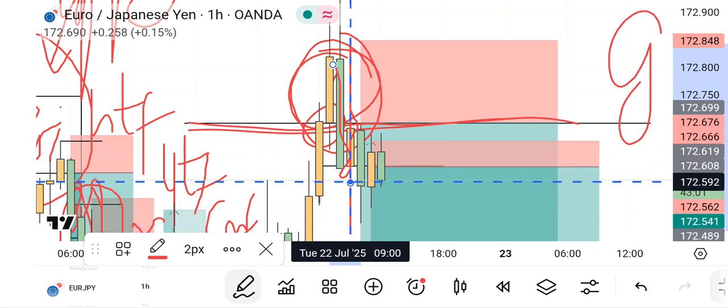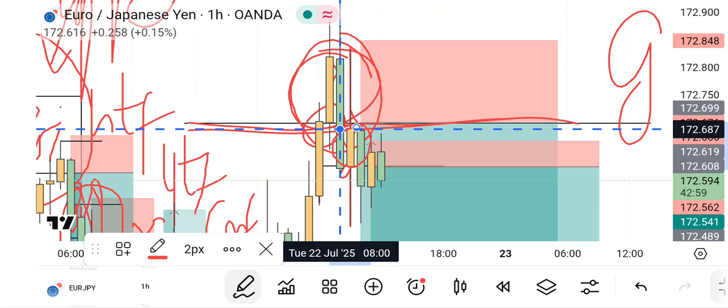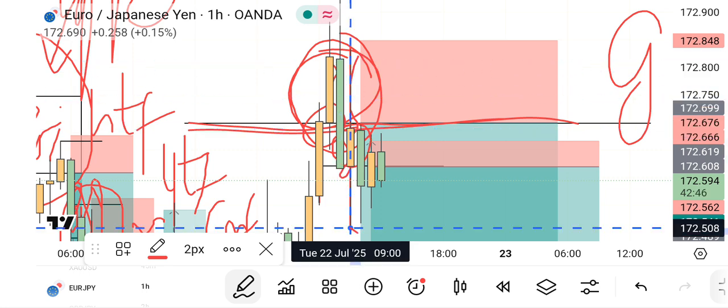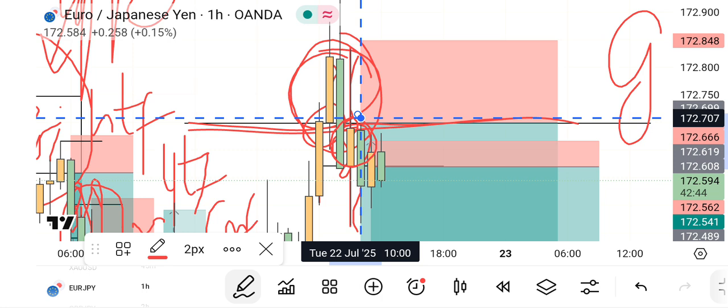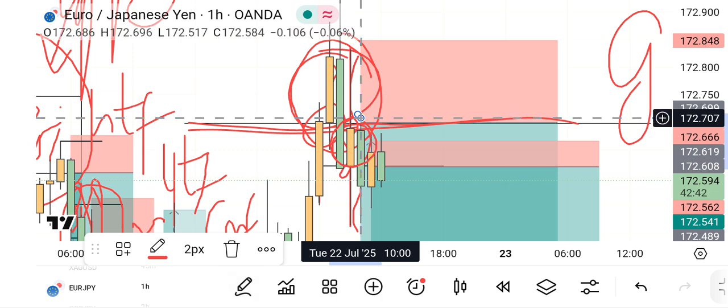There's no decision. The price closed in between the two wicks, so there's no decision yet between the buyers and the sellers. So there's no confirmation for a sell yet.